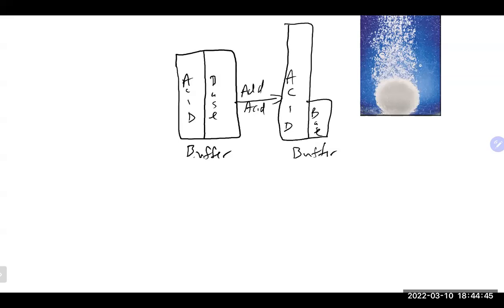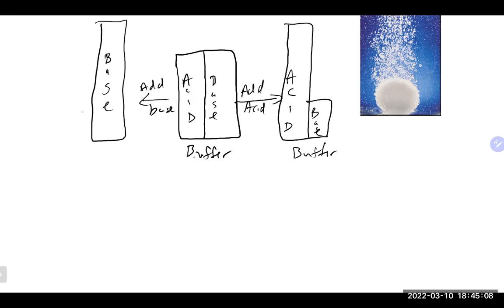In a sense, it's sort of self-regenerating as you're doing the buffer here. So at least part of it gets regenerated. When you add base to a buffer, it will react with the acid part and make some more of the base part of the buffer. It always happens that way. Again, over exaggerated drawing here. We make some of the base part of the buffer. We use up some of the acid part.